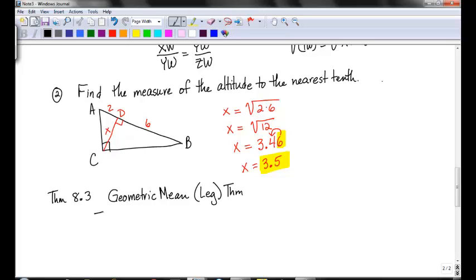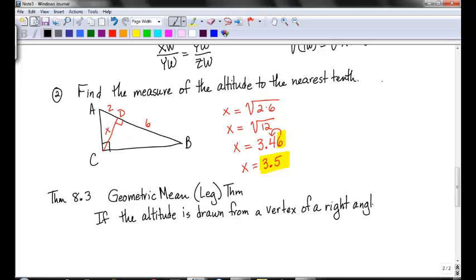Okay, and it says if the altitude, spell it right, is drawn from a vertex of a right angle of a right triangle. Just use the symbol for triangle.